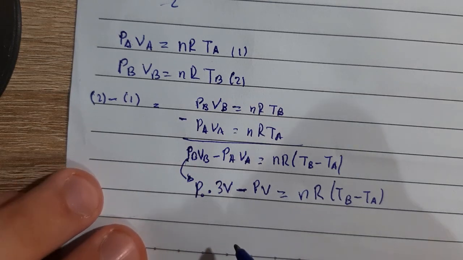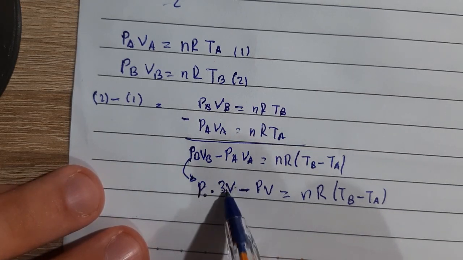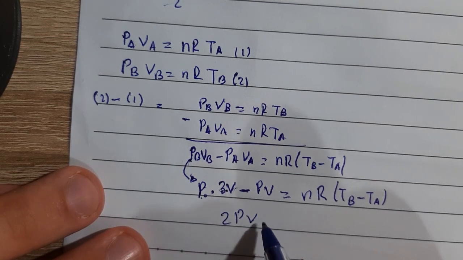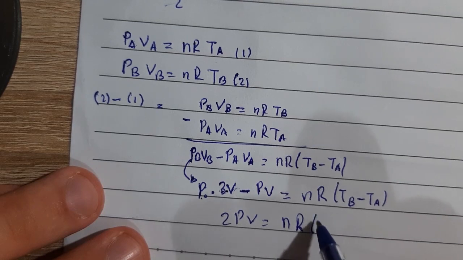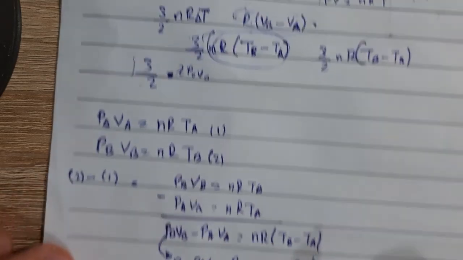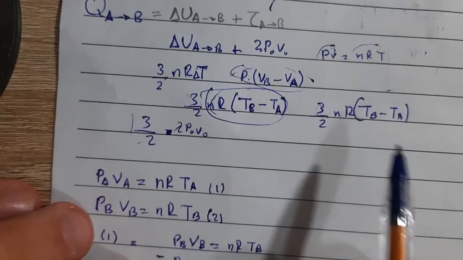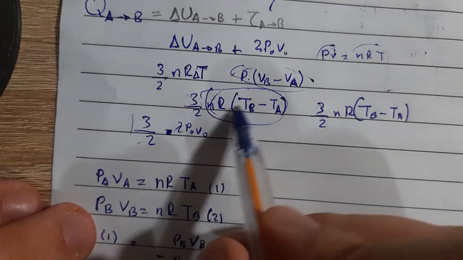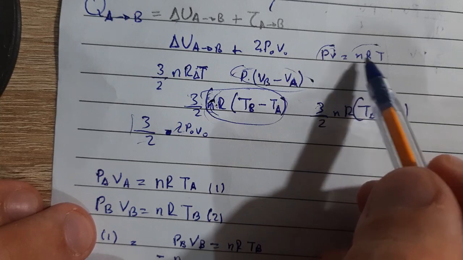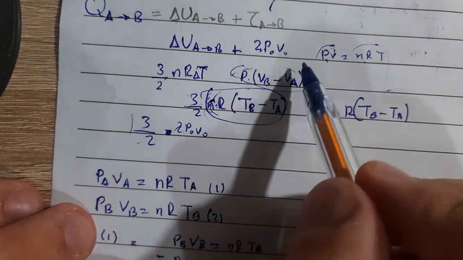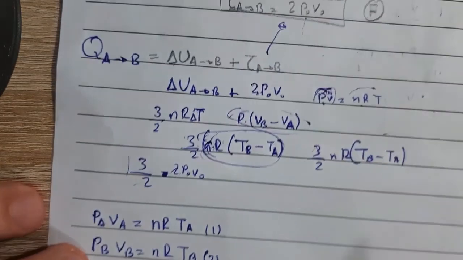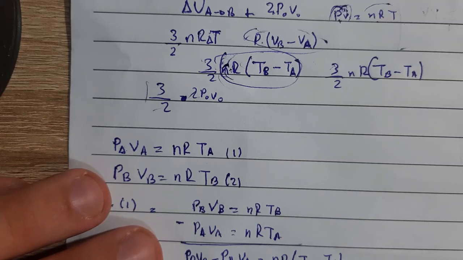So 3VP minus PV is 2PV, equal to nR times TB minus TA. And this is what we just said over here, right? We said that we can exchange this part nR TB minus TA, because nRT is equal to PV, and we did calculate PV. So we did it from two different sides, okay?